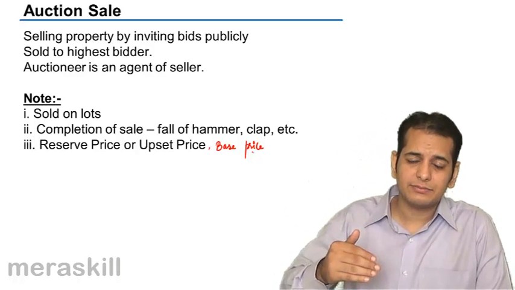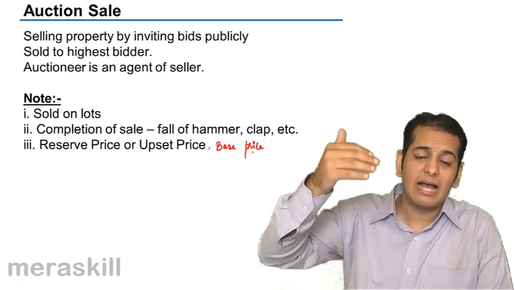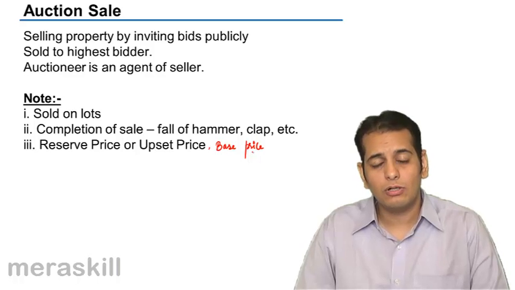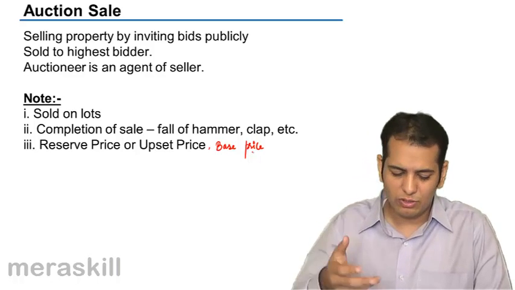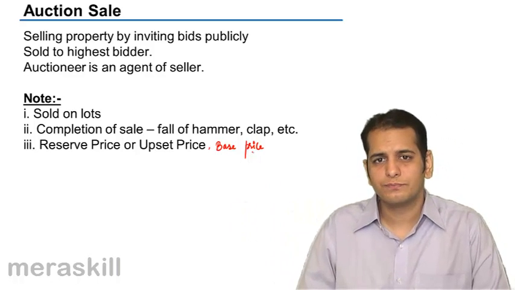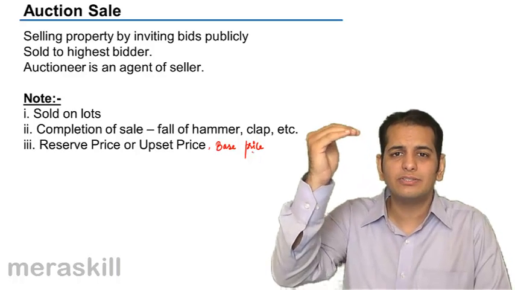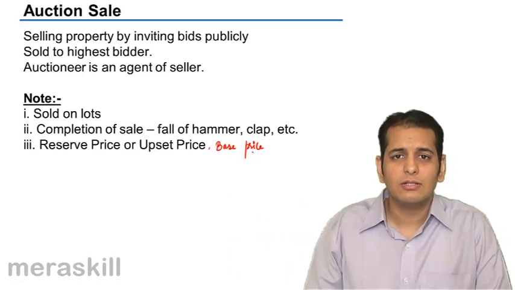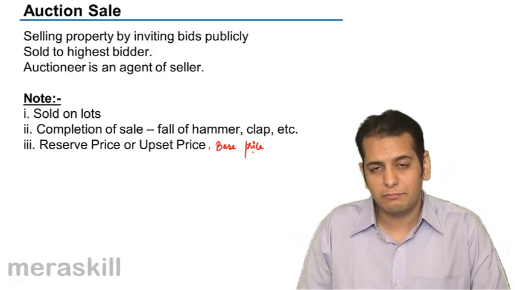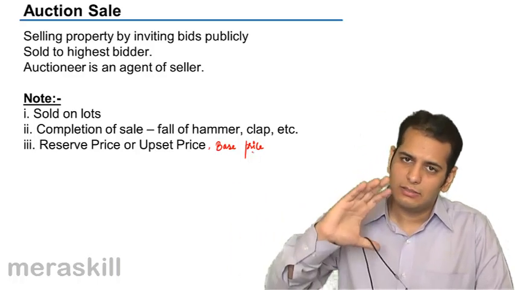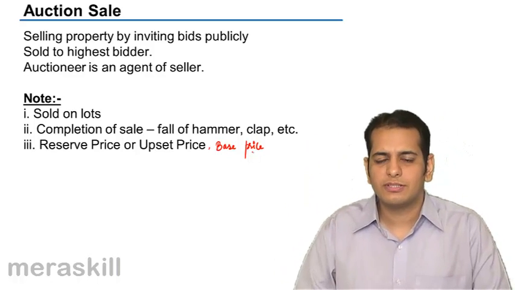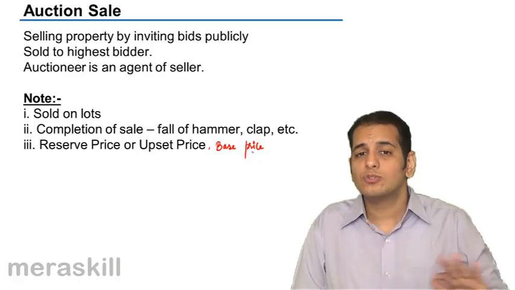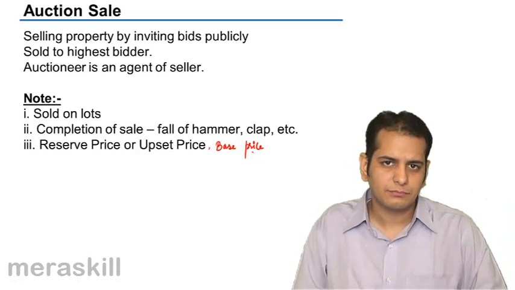But in case the highest bidder does not go beyond the minimum or the upset price, let's say the highest bidder reaches 4,50,000 rupees, where 5 lakh is the upset price, then the whole auction process may be scrapped, which means there will be no sale in this case.